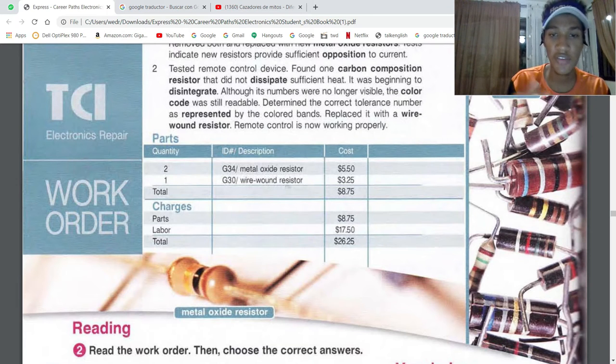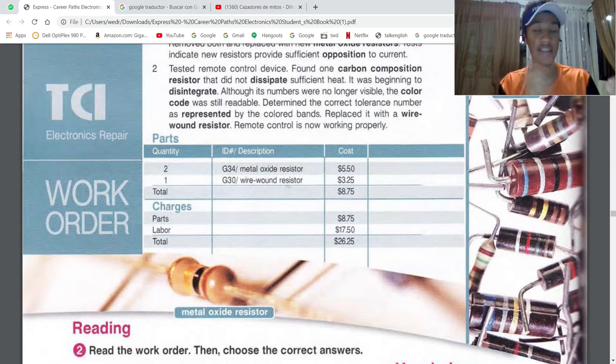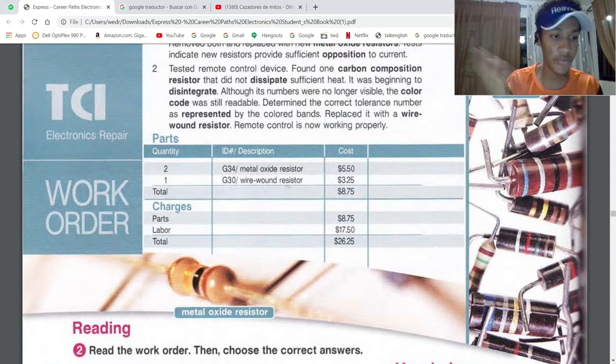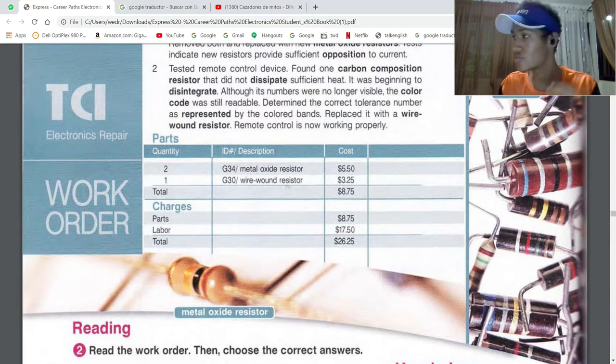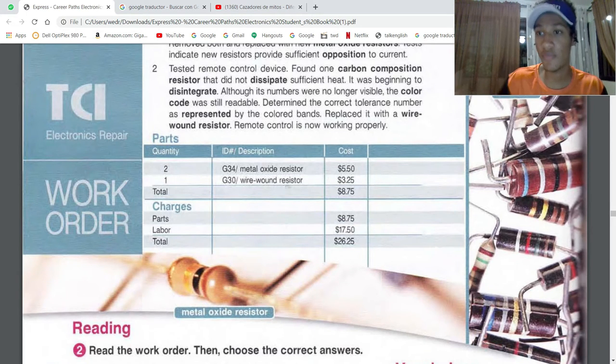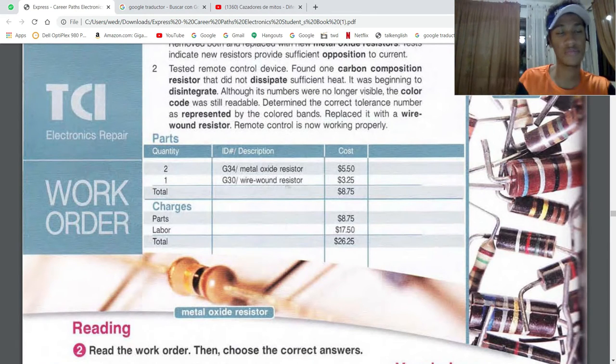So if you learn, you can say, oh, this is a 50 ohm resistor or 3 ohms, because resistance is measured in ohms: 5 ohms, 100 ohms, 1k ohms, 2k ohms, 2.5k ohms, 57, 50.